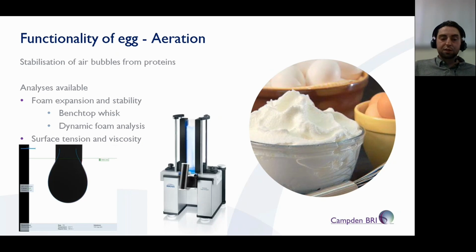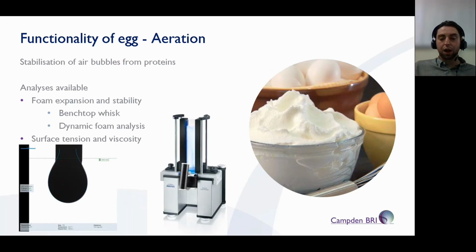We have different ways of analysing surface tension here, but the main one we use, which is very accurate, is what's called drop shape analysis. And there's a little image in the bottom left-hand corner. You basically make a pendant drop of the egg solution, the egg liquid, and the shape of the drop can be analysed to give the surface tension. That surface tension can relate directly to its foaming and aeration abilities.